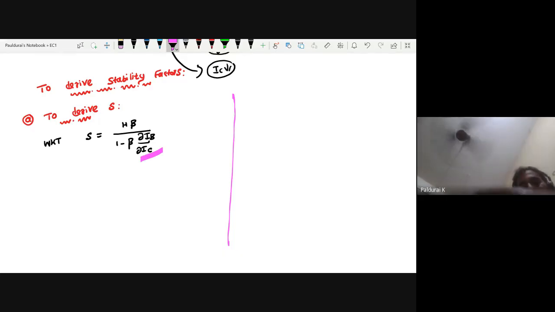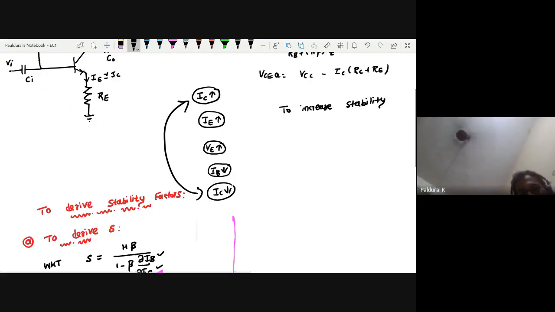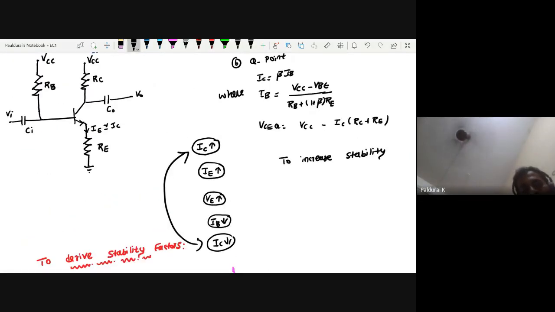To calculate the change in IB with respect to IC, we apply KVL at the input loop, developing IB in terms of IC. At the input loop, the applied voltage is VCC.